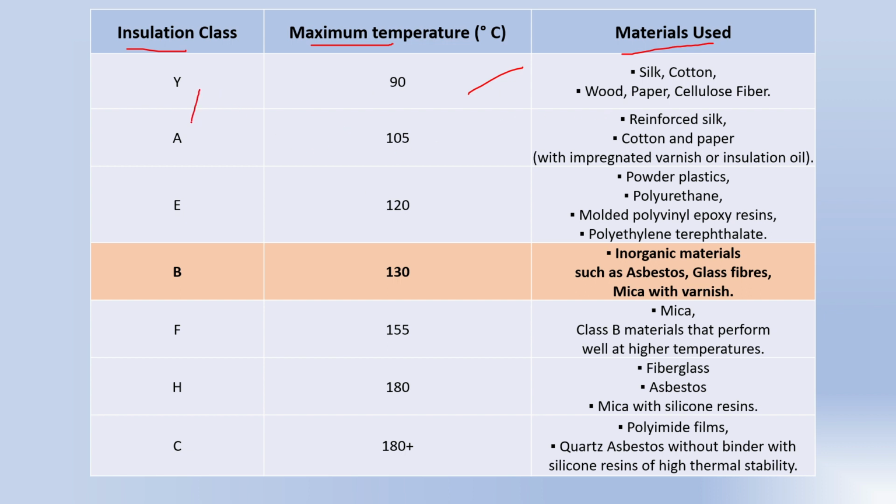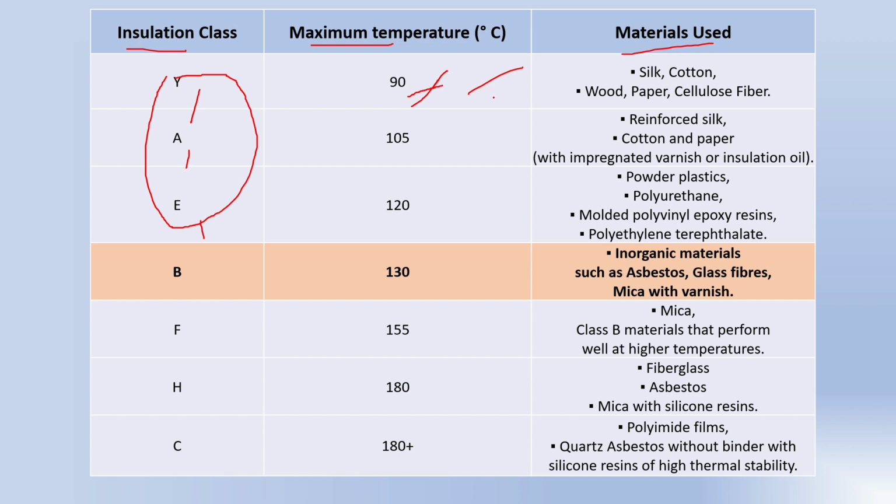Here we have Y, A, and E. These three are normal insulation classes. They can be used for small applications, not for higher ones. For the temperature, 90 means this Y insulation class can be applicable up to 90 degrees Celsius.